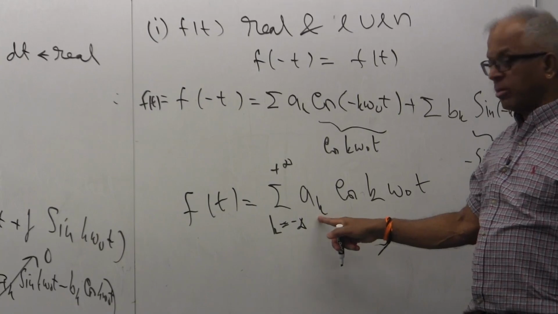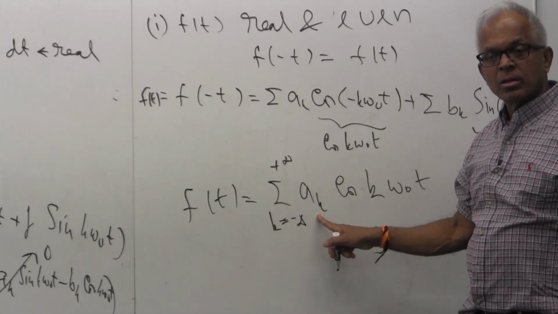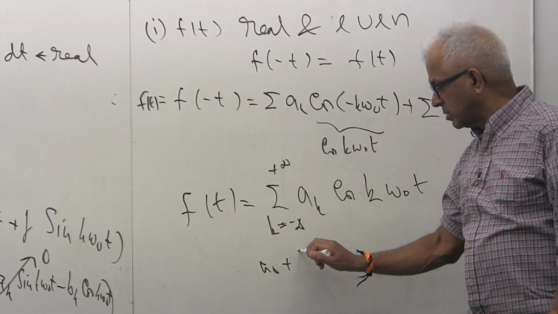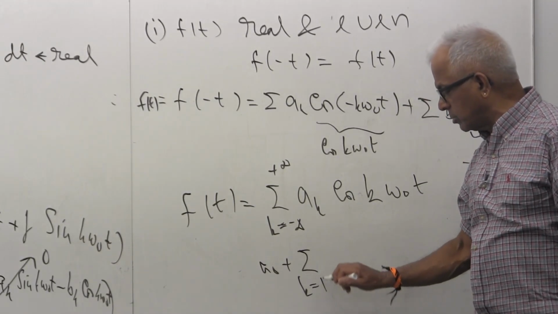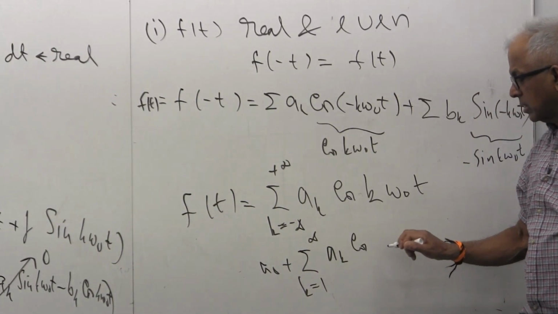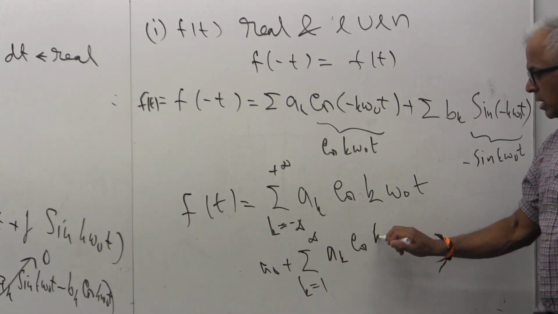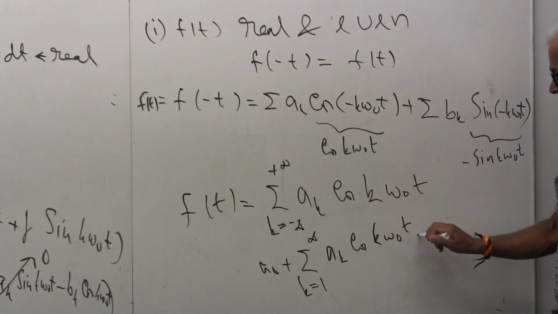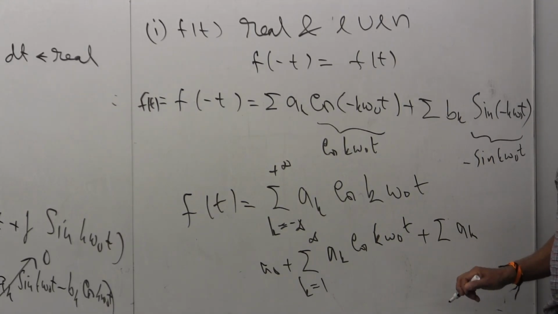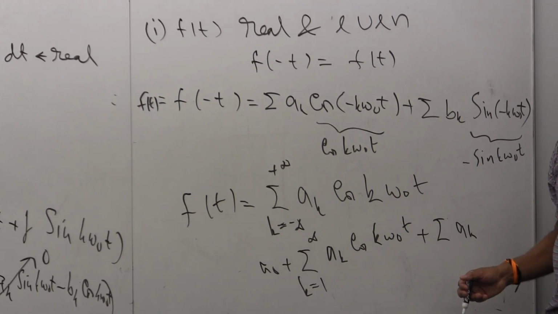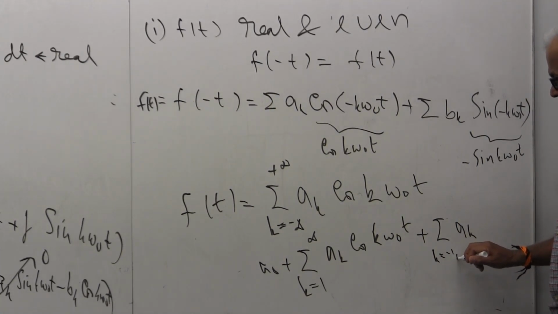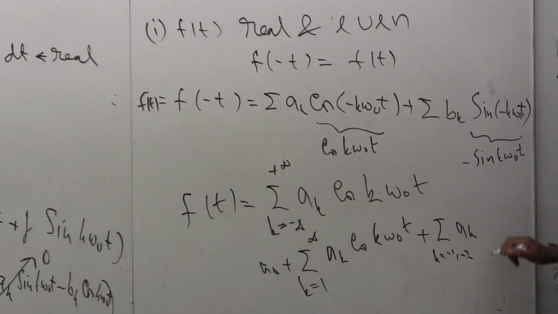When k equals 0, what will be the value here? a0 plus summation. I'll write the positive frequencies: ak cos k omega naught t, plus summation ak with k from minus 1, minus 2, minus 3, etc. Negative frequencies, ak.